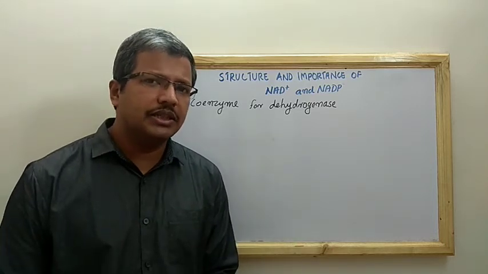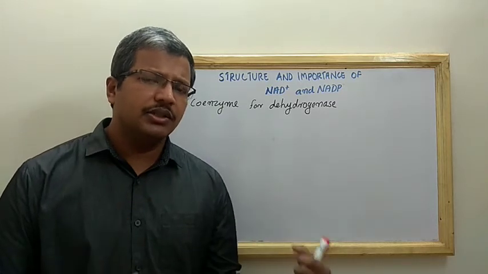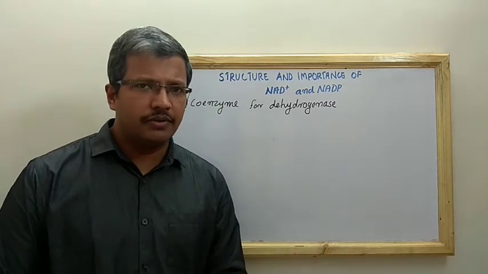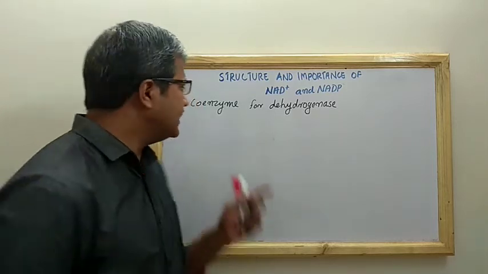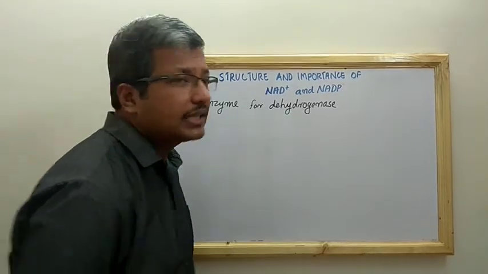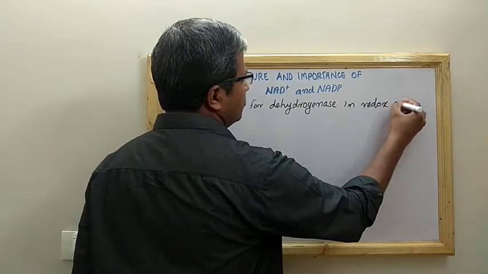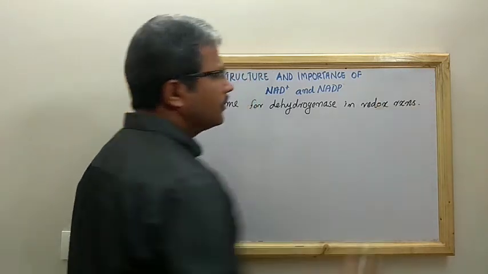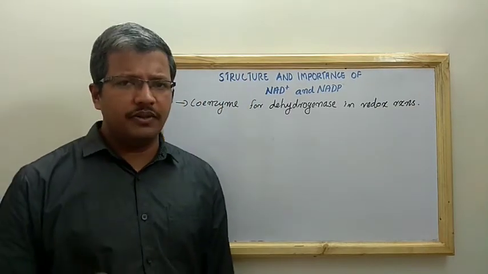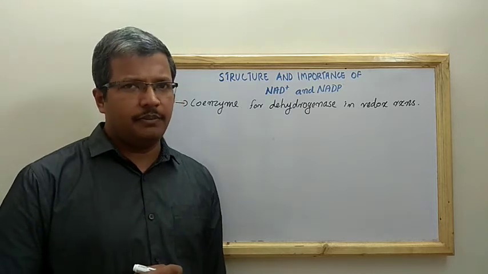It is otherwise known as the dehydrogenase enzyme, where both reduction and oxidation happen in a chemical reaction. So it acts as a coenzyme for dehydrogenase in redox reactions. That is the first importance of NAD plus and NADP.